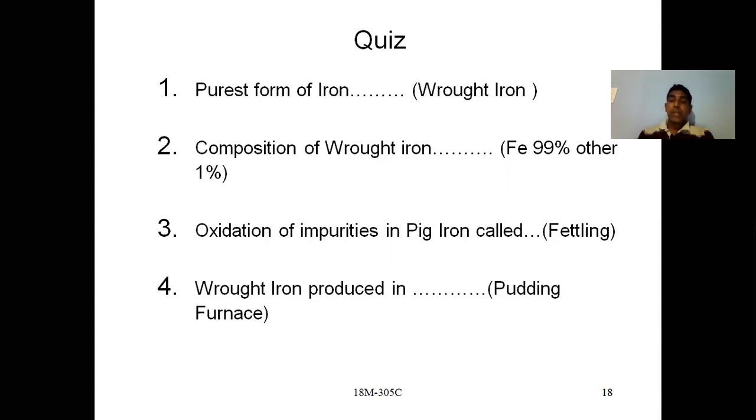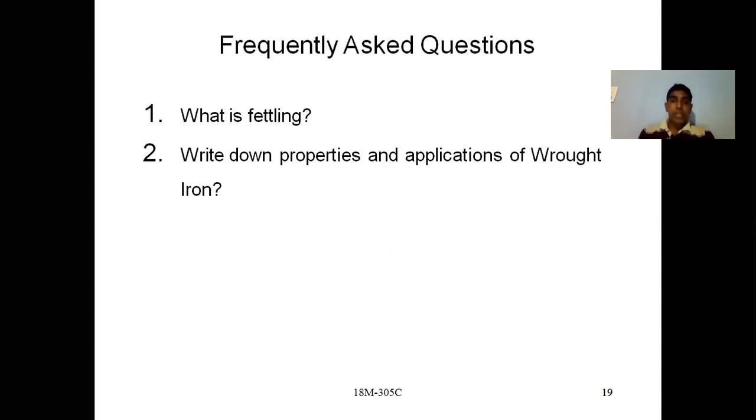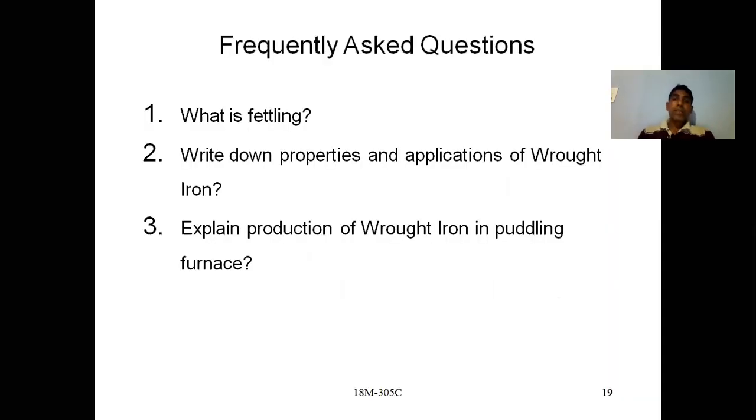When the impurities get oxidized at high temperature in a furnace, that process is known as fettling operation. That is the principle of the puddling furnace. Where is wrought iron produced? Wrought iron is produced in the puddling furnace. These are generally frequently asked questions.